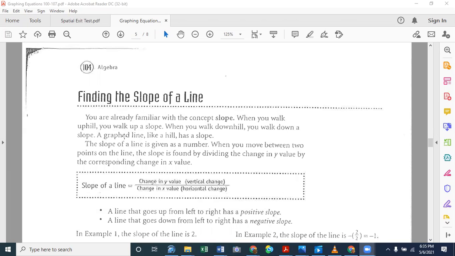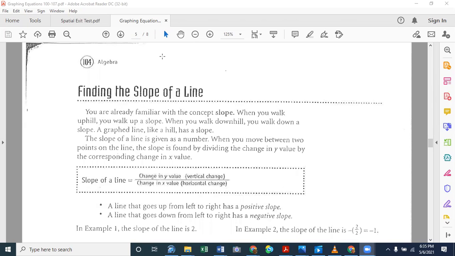So finding the slope of a line, there's several ways to do it, and you've probably heard of this before. There is rise over run. That's one way. There is also the change in y over the change in x.